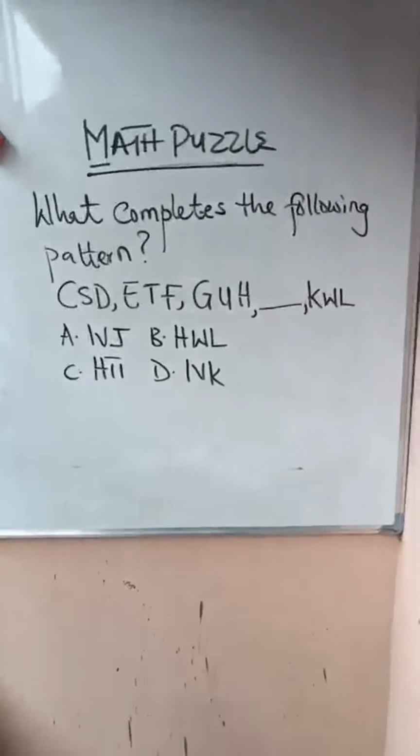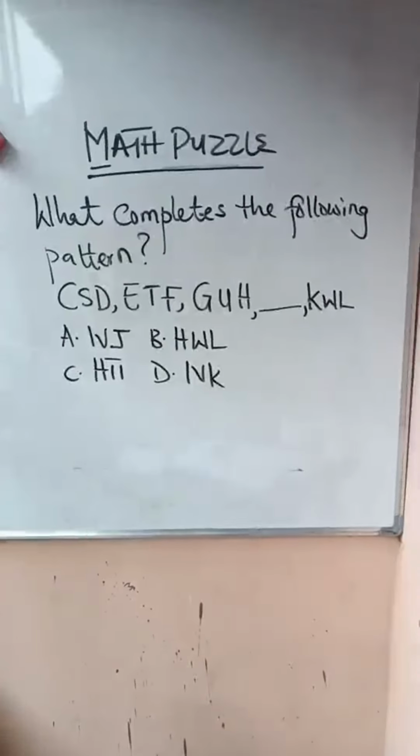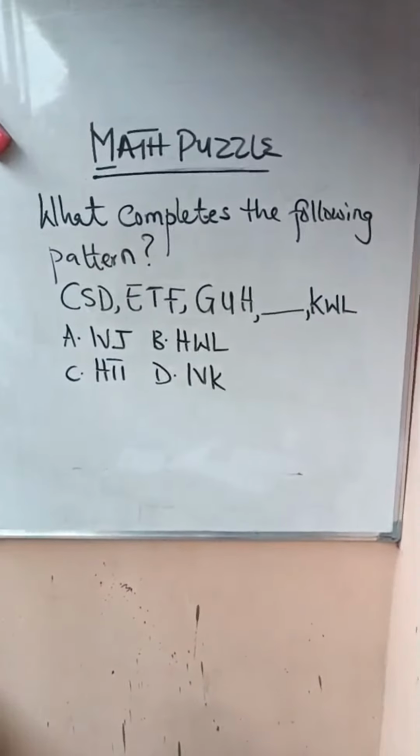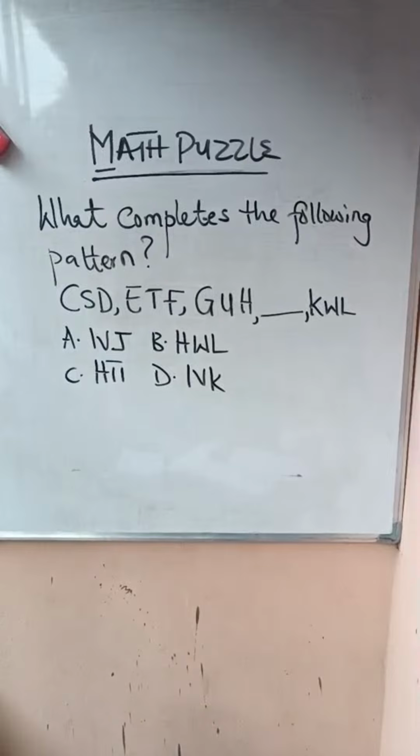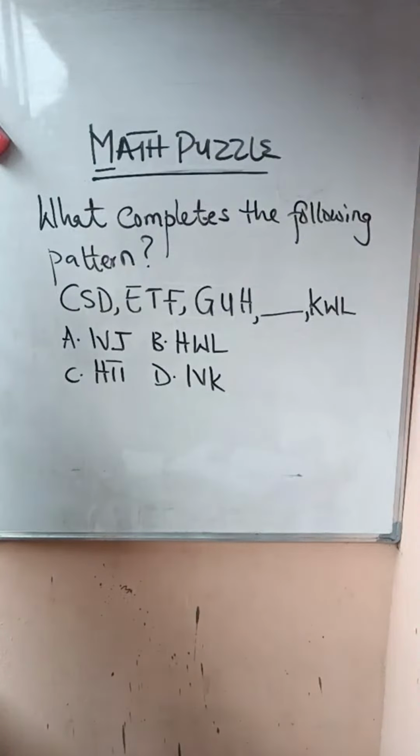What completes the following pattern? Some people joined us late. I want to give them time to answer this as well. What completes the following pattern? We have CSD, ETF, GUH, KWL.